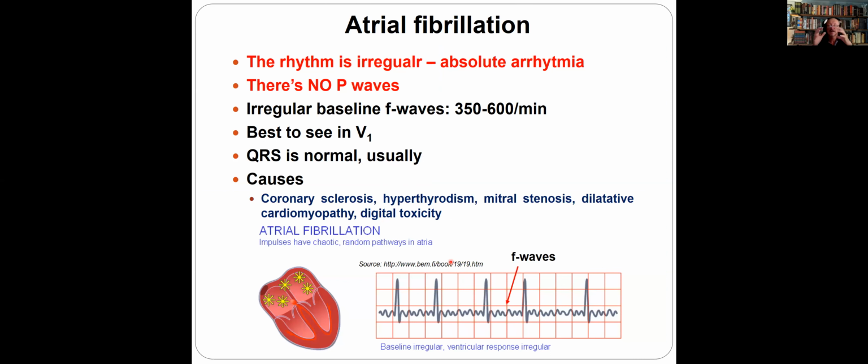Fibrillation, when multifocally the impulse is formed and the atrium is shivering, what you do see is some kind of noise waves or fibrillatory waves, and randomly conducted through the AV. And this is why we do have arrhythmia absoluta and there is no P wave.